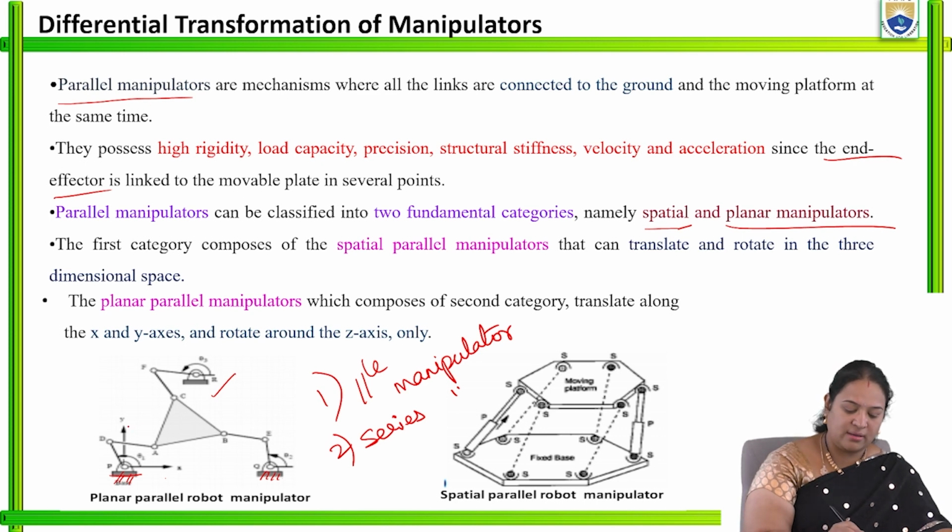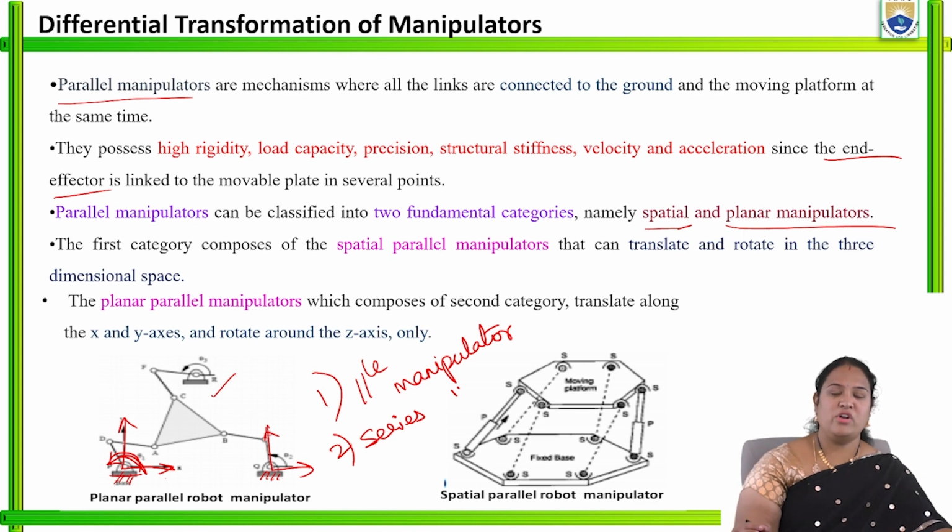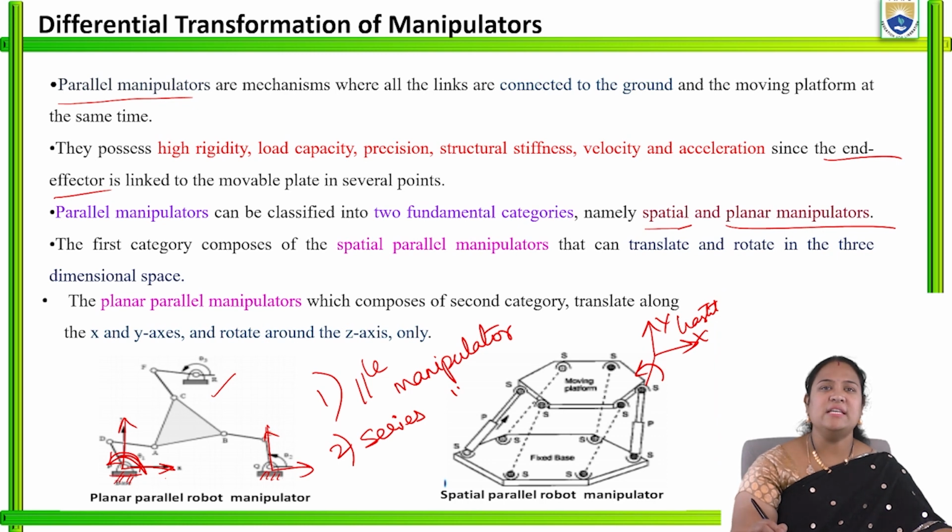For any particular joint of the robot, the movement will be translation in the x and y direction, whereas around the z axis it is a rotational motion. So this is the planar parallel manipulator.